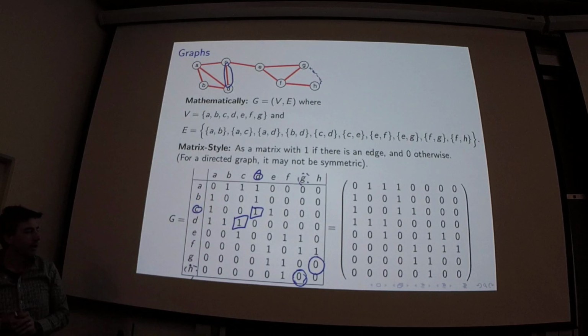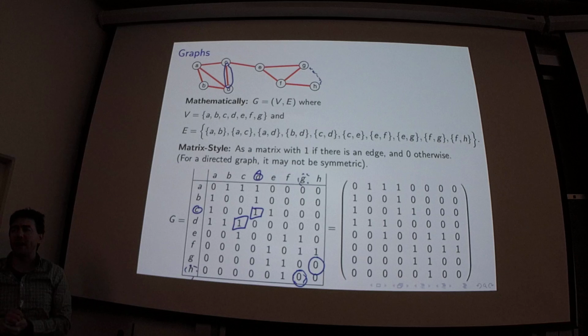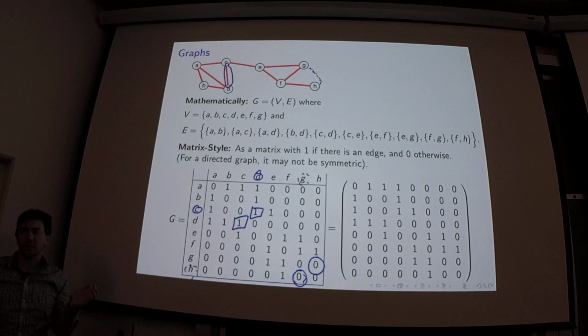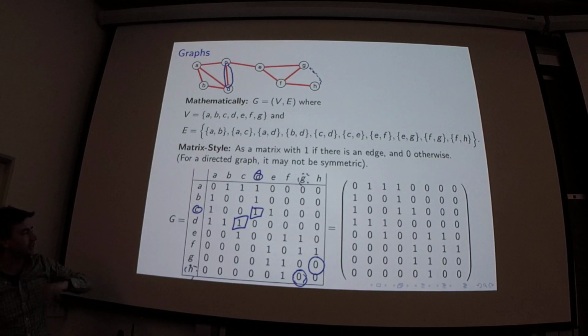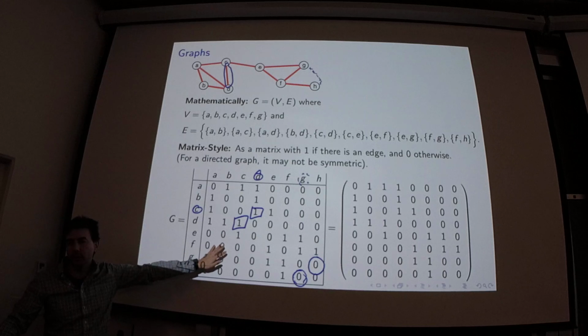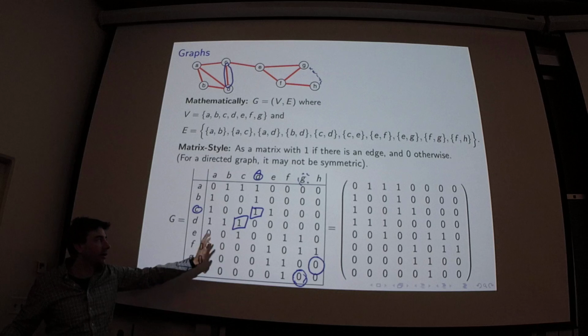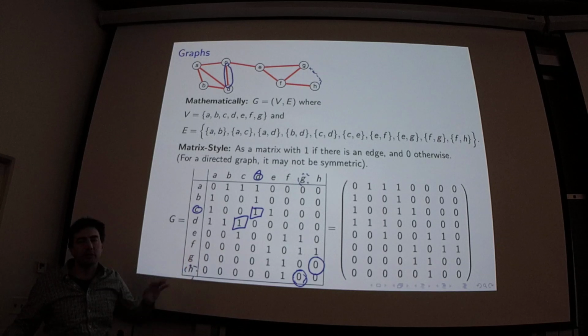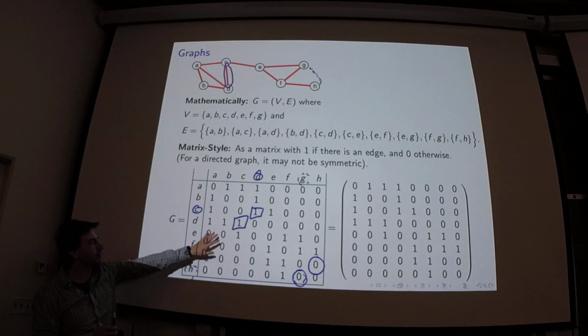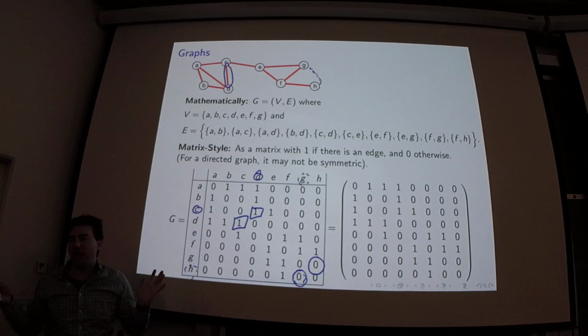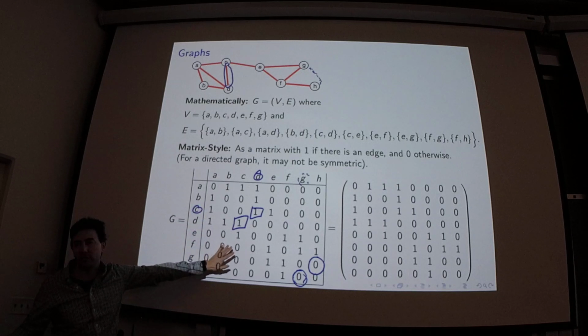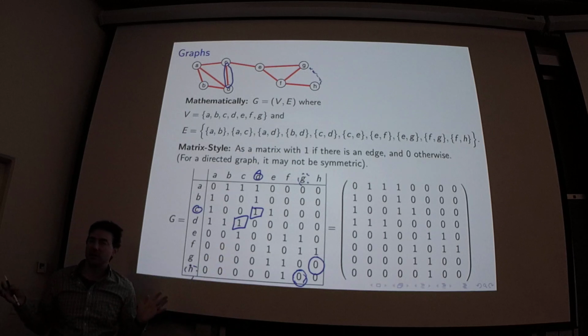Okay. In general, for very large graphs, and we'll talk a little bit about this later in the semester, this is a pretty wasteful representation because typically, if the number of vertices is n, then this is an n squared size, and the number of edges typically does not grow at a rate of n squared.